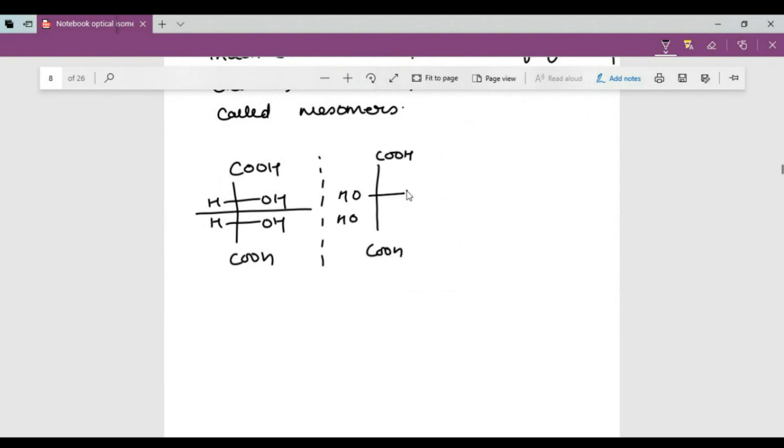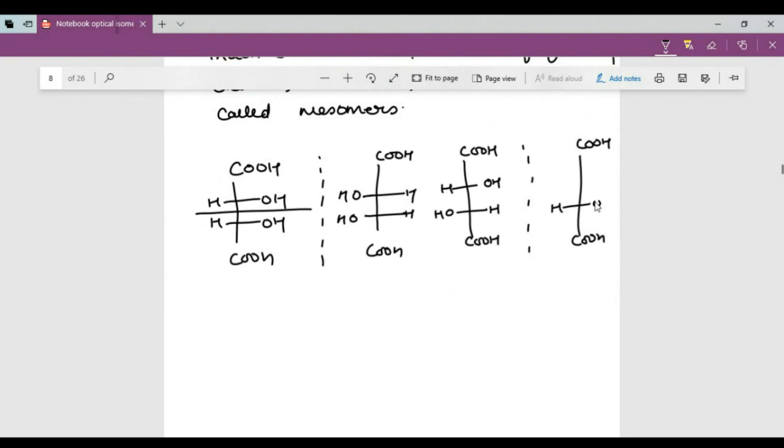OH, OH, H, and H. If I change it a little here and there, H, OH, OH, H, this will be our enantiomers. These are identical and are mesomers.